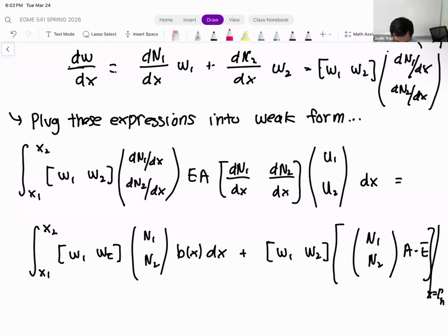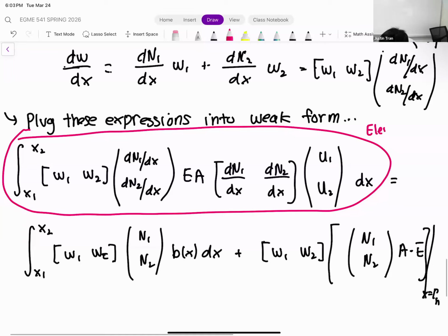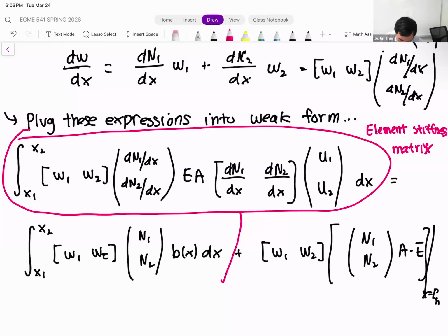So let's start with the first integral here, because this integral is going to form our basis for our element stiffness matrix. We'll come back to the other two integrals a bit later, but let's just focus on this one first for now.